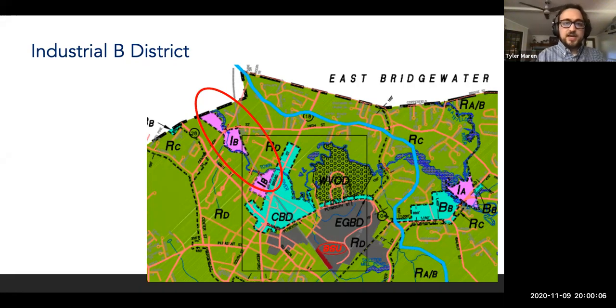So I thought it was interesting that Bridgewater has already moved towards cross-zoning harmonizing of certain uses based on natural patterns of potential use. So yeah, IB is very small, differing slightly in use from IA due to its location. Next slide.